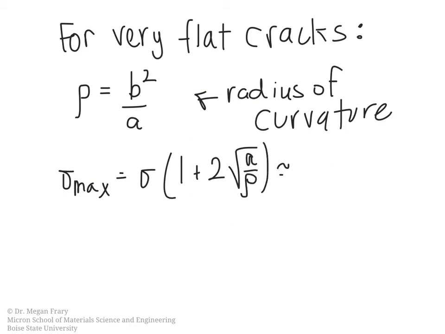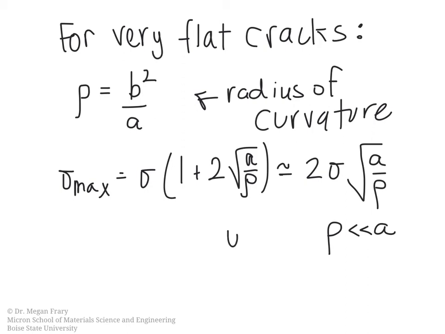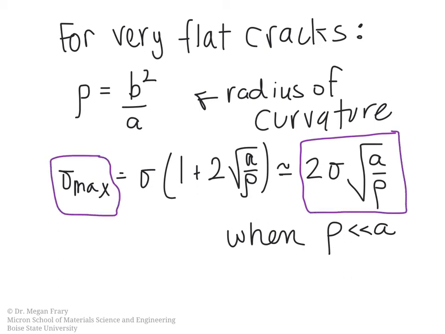And this is approximately equal to 2 times sigma square root of a over rho in the case where rho is much, much less than a. This is the approximation that we can make for sigma max in the case when this is essentially a very sharp crack as compared to the length of the crack.